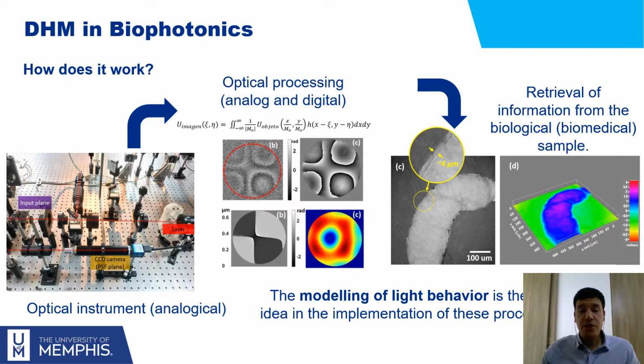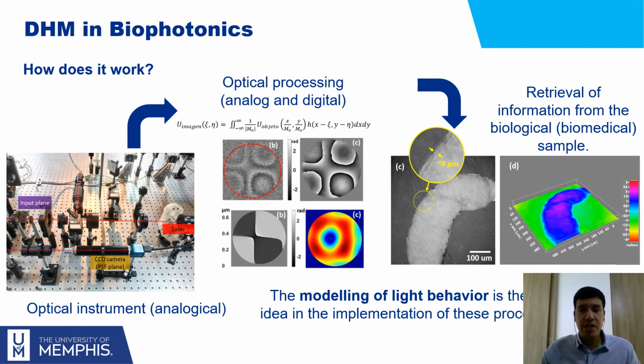The overall procedure involves a hardware step and a software step, as you all are well aware. But what we are interested in right now is the software part. That is, once we obtain the information from the instrument, what are we going to do with this data? We need to process this data.